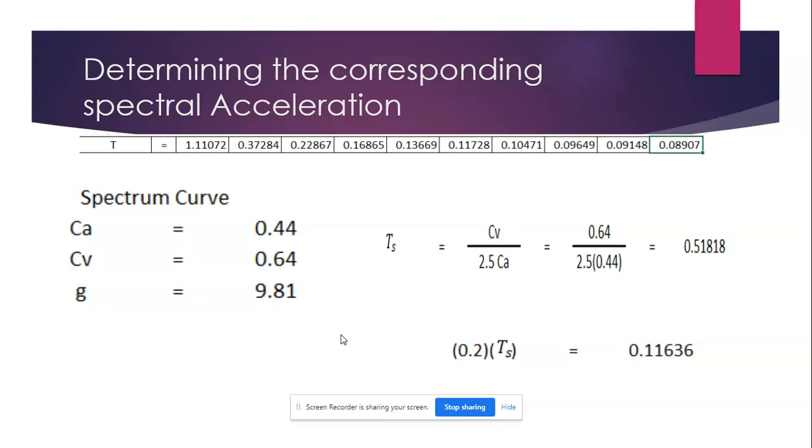In solving the TS, the value of CV, which is 0.64, divided by 2.5 times the value of CA, which is 0.44. So the result will be 0.51818. So 0.2 times TS, which is 0.51818, equals 0.11636.